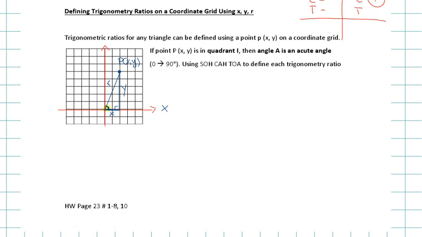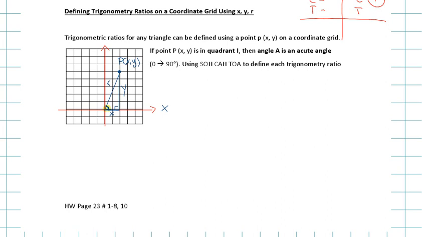Do we use SOH CAH TOA? No, we are not using that. It's the hypotenuse, so we have to add x and y, but what's the formula? It's not just add x and y. C squared equals A squared plus B squared. This is the Pythagorean theorem.